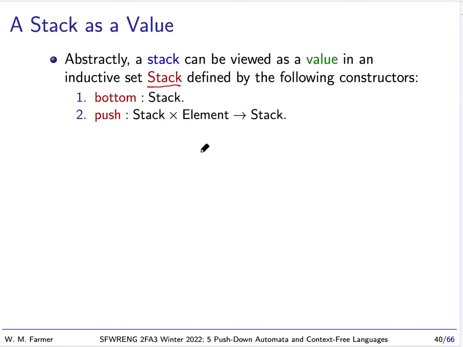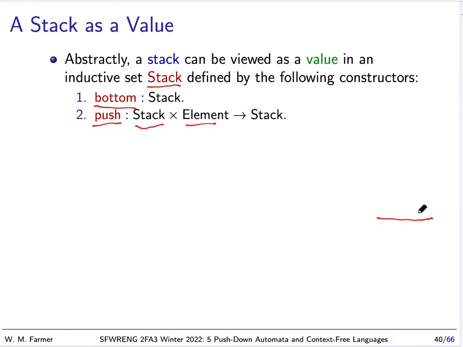This inductive set, stack, is defined by the following constructors. There's just two constructors: bottom and push. Bottom denotes the bottom stack, and push is a constructor. It takes a stack and an element and then pushes it on the stack. So the idea is the bottom stack looks like this, and there's nothing on it.